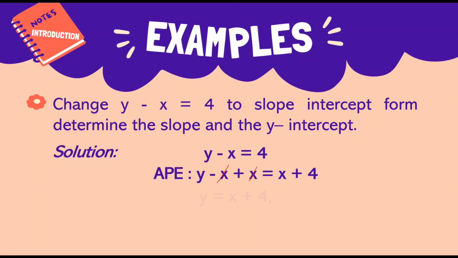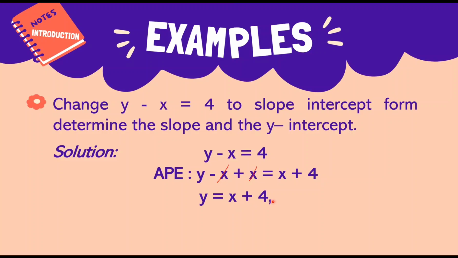So let us write, yes, we have y is equal to x plus 4. We cannot add x to our 4 because this x is a variable and 4 is a constant. So that will be our answer. As you can see, it is already written in y is equal to mx plus b.